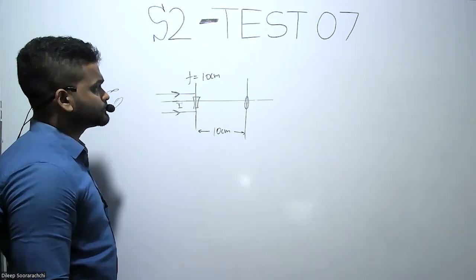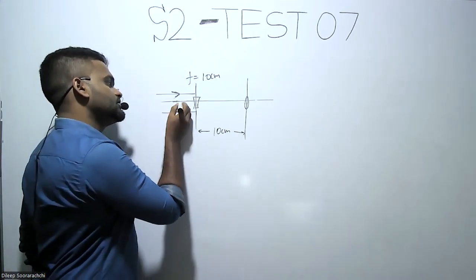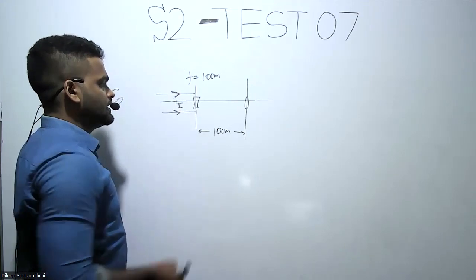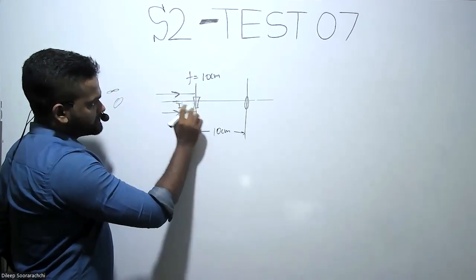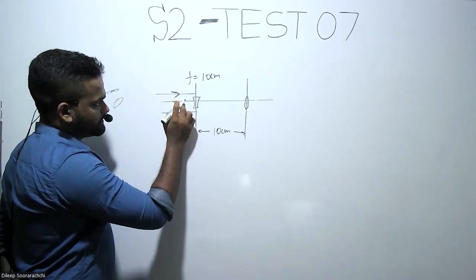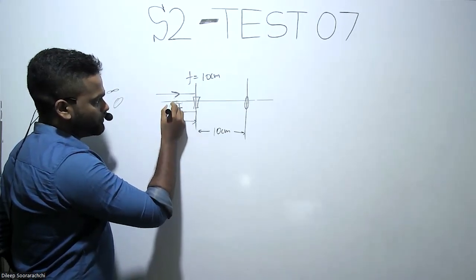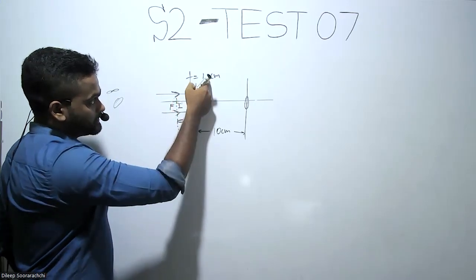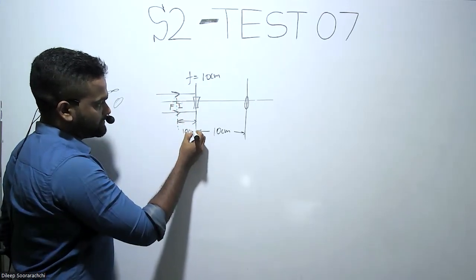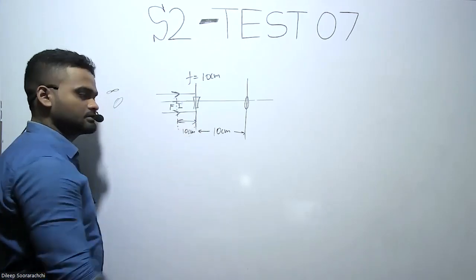Then we know the position of the image. What should be the position? If these are parallel lines, the image should be made on the focus of the concave lens. So this is the position of the focus. That should be 10 centimeters. Now we know this position clearly.